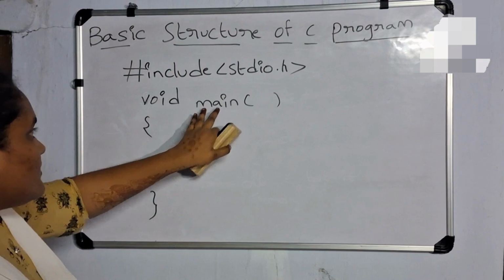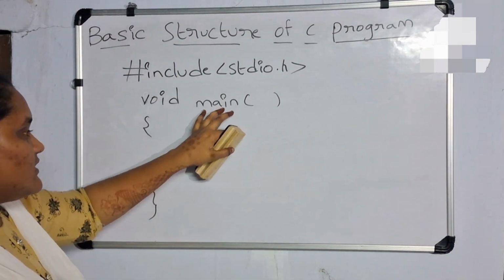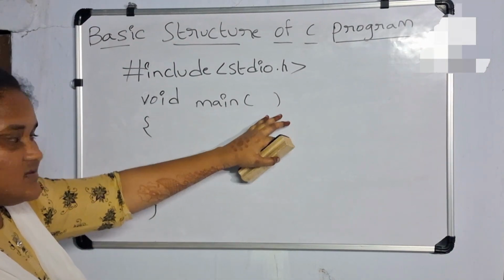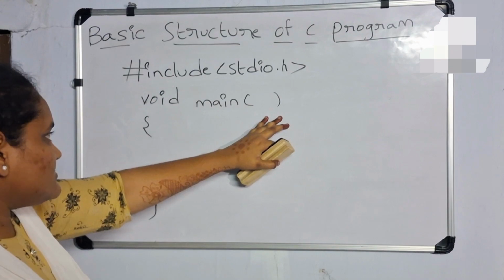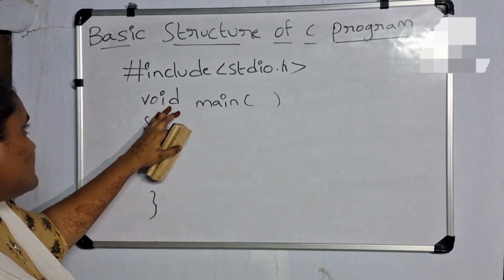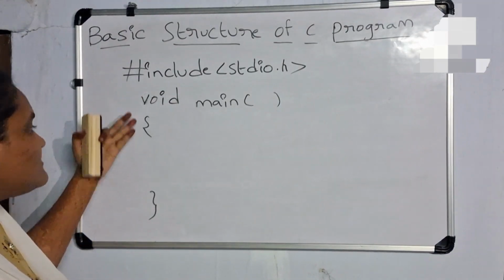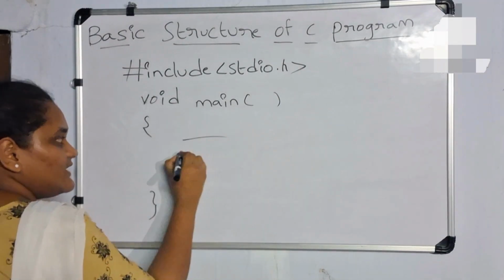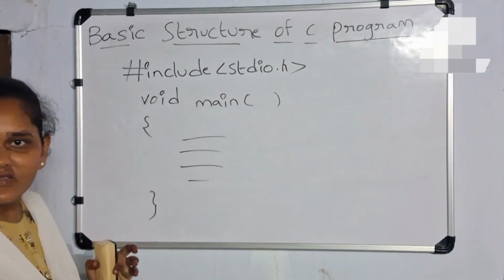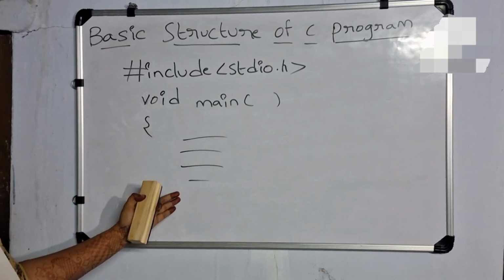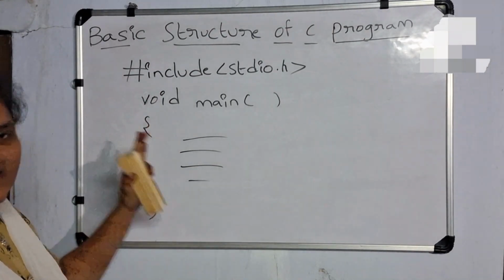So the name of the function is followed by a set of parentheses, preceded by the return type, and then curly braces. Within the curly braces, we'll write many lines of code, we'll write instructions here.